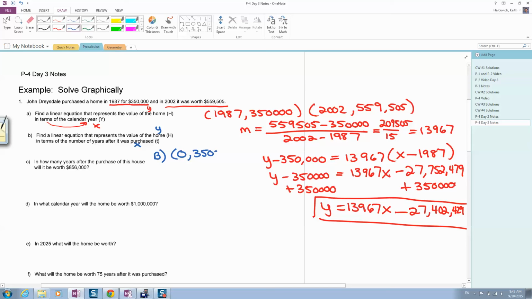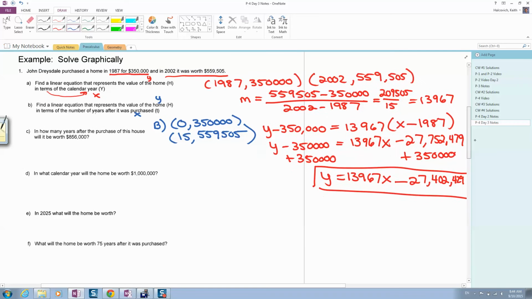The home was purchased for $350,000, and then in 2002 would be 15 years later. It was worth $559,505. So you use those points for part B, and you do the same thing.